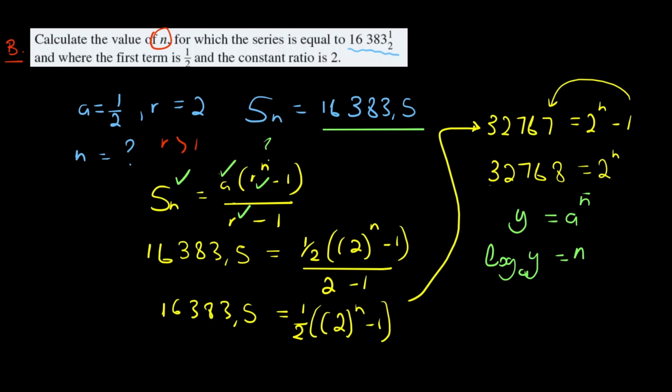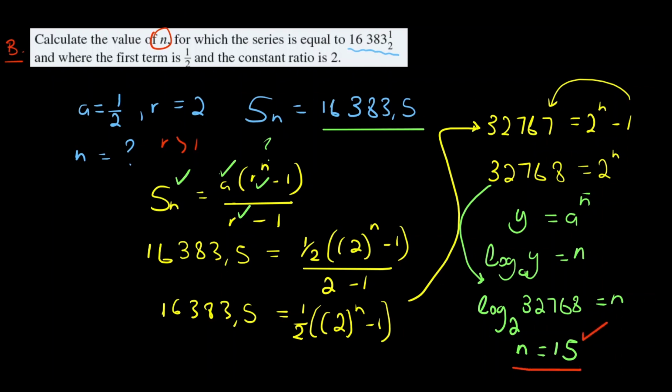So we'll have log base 2 of 32,768 is equal to n. If we punch it into the calculator, using the log function, you'll see that your n value will be equal to 15, and that will be our n value.